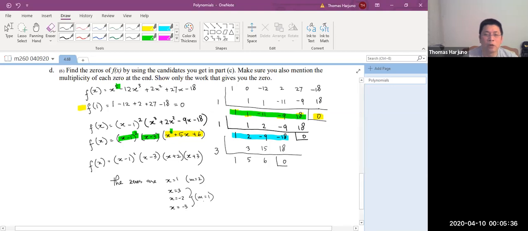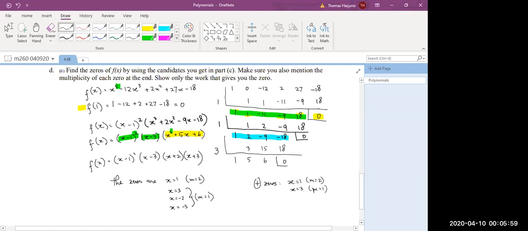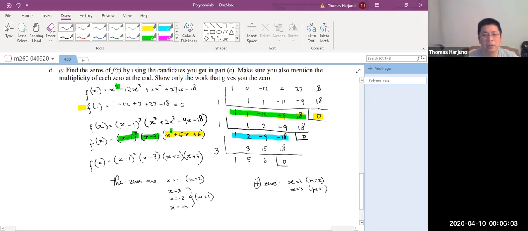Okay, now if you check how many positive zeros, what are the positive zeros? x equals 1 with multiplicity of 2, x equals 3 with multiplicity of 1. So how many positive zeros? 3, counting the multiplicity, right?